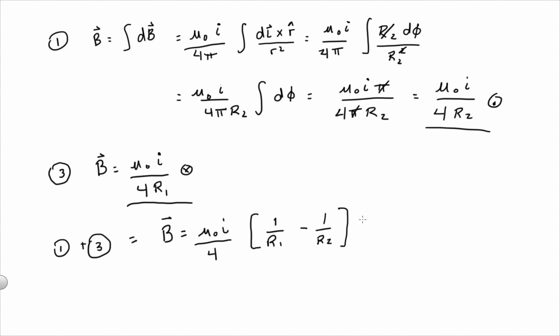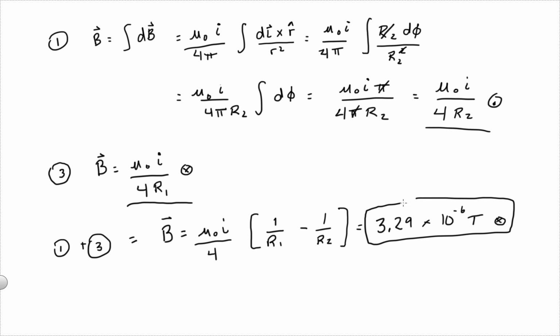And so when I plug all of these things in, I actually get a value 3.29 times 10 to the minus 6 Teslas. And that is going to be into the page. And we are done.